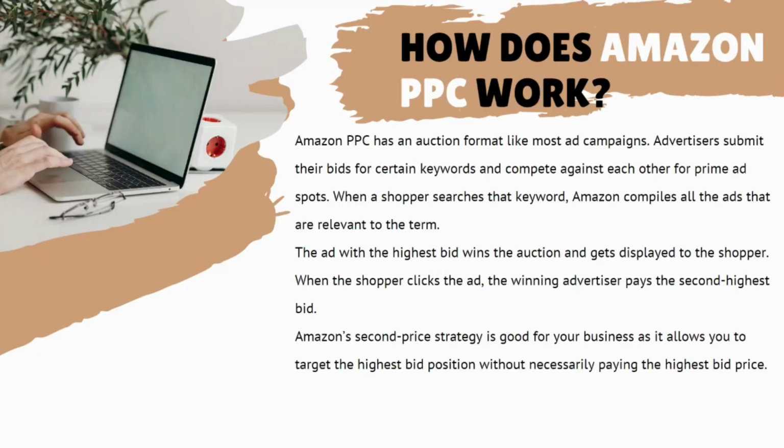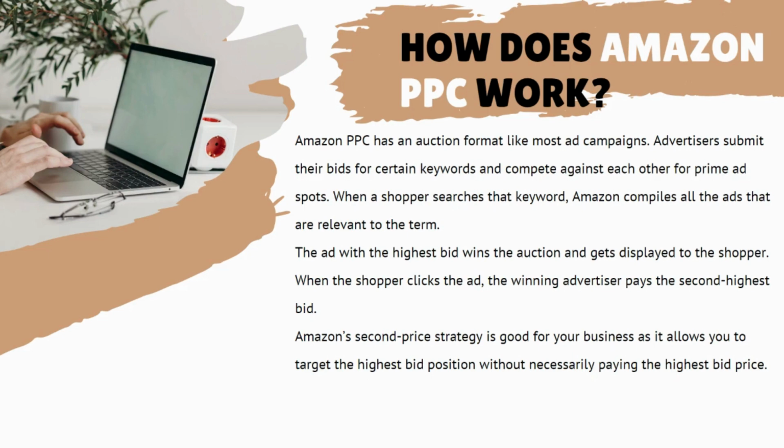So how does Amazon PPC work? Amazon PPC has an auction format like most ad campaigns. Advertisers submit their bids for certain keywords and compete against each other for prime ad spots. When a shopper searches that keyword, Amazon compiles all the ads that are relevant to the term.